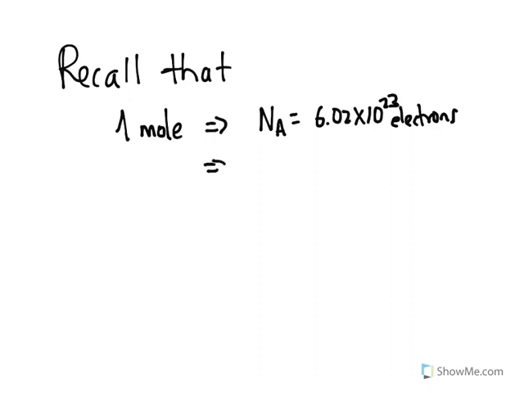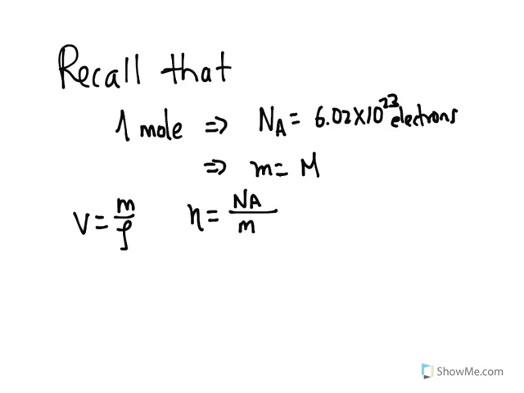And also recall that 1 mole has a molar mass, such that if we have the volume as mass over density, we can have the density of any material. That will make the charge density N equal to Avogadro's number over the volume, which is mass over density, so we can put density here.